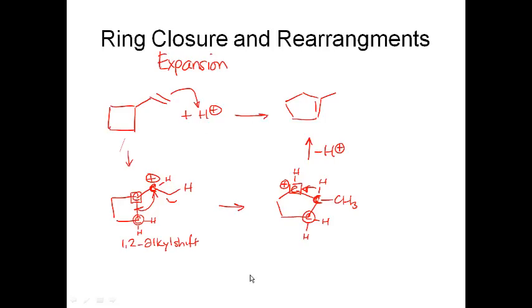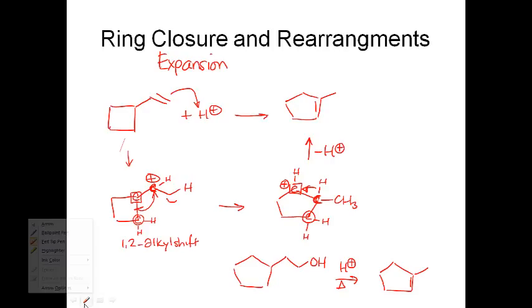Now, even though this isn't an alcohol, could you write a similar mechanism for reacting this primary alcohol with H plus, to form that same product, only we want to start with not the 5-membered ring, but the 4-membered ring?